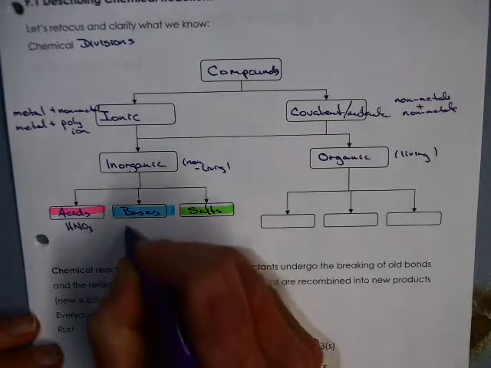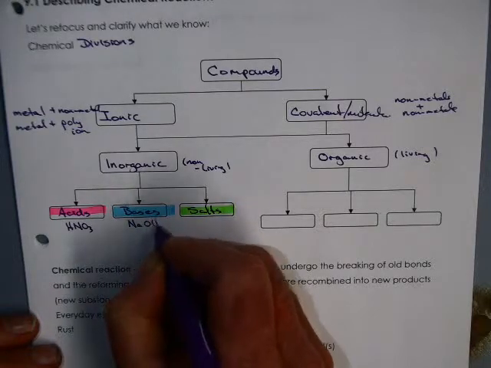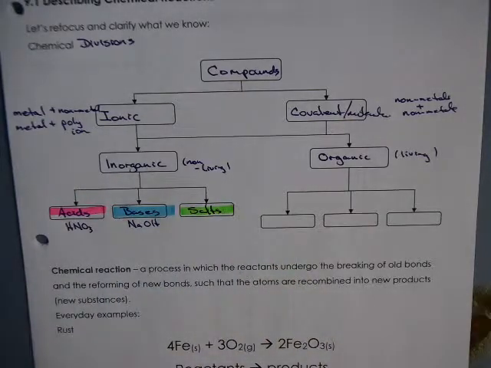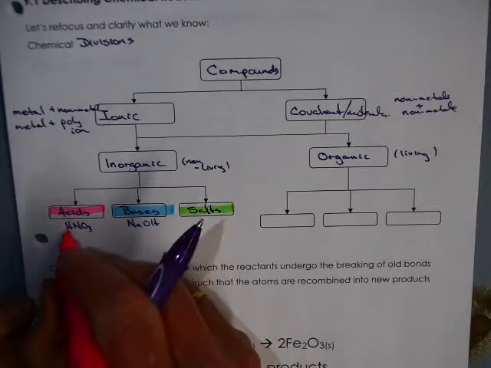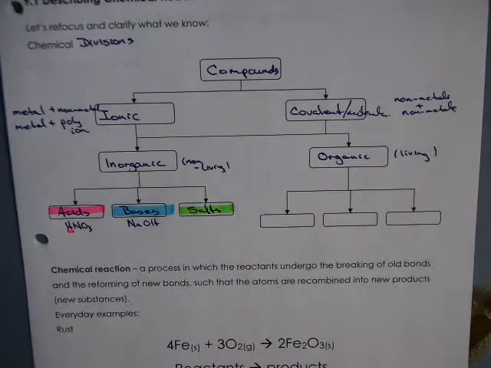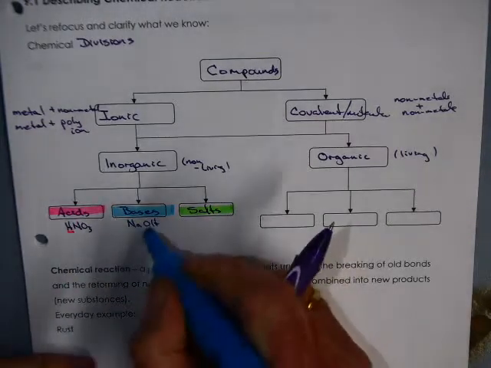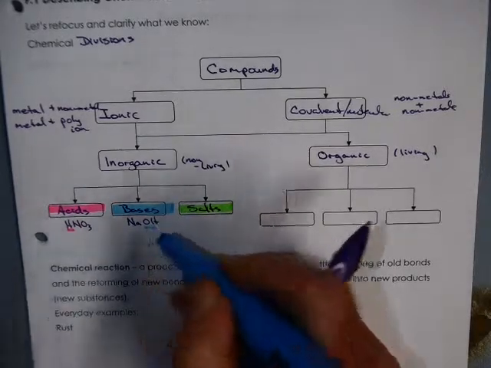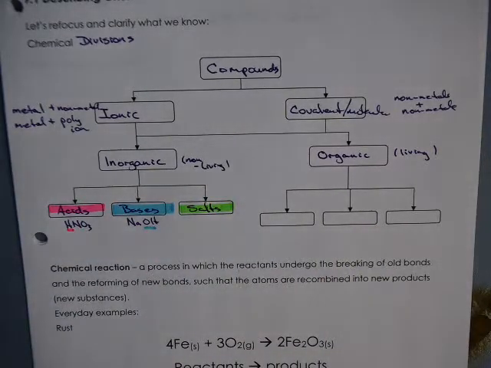A base, for example, could be sodium hydroxide. And of course, it is the H that makes these things acids, and it's the OH that makes these things bases. And then salts are ionics that don't have either of those.